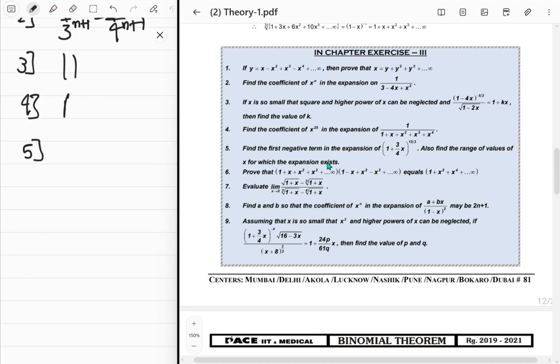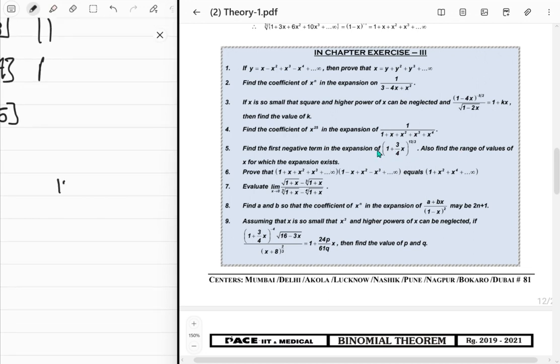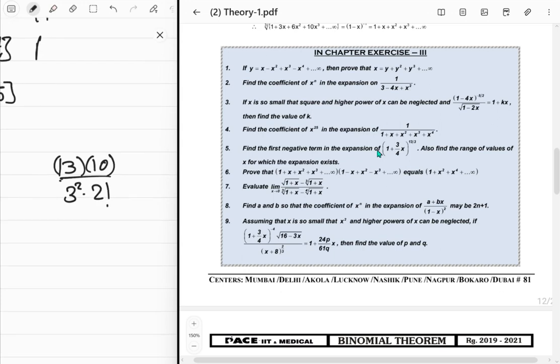Okay, so let's look at the pattern of these binomial coefficients. First you just have 13 upon 3, and then you have this minus 1 times itself, so 13 into 10 upon 3 squared, times 2 factorial as well, and then x to some power. And this keeps on going, right?